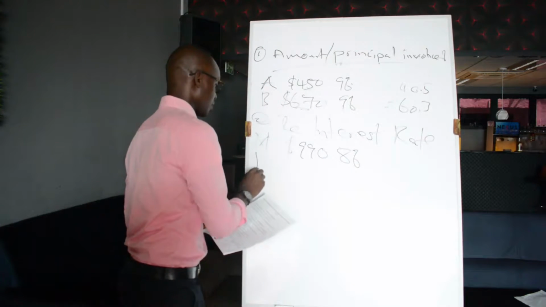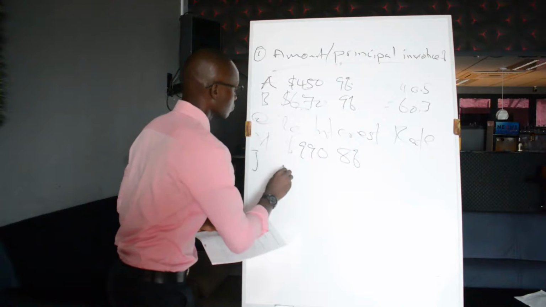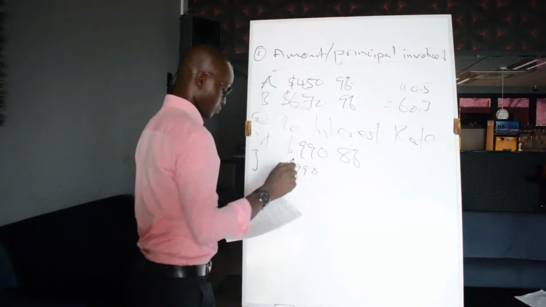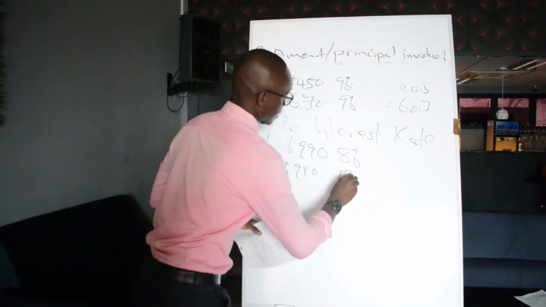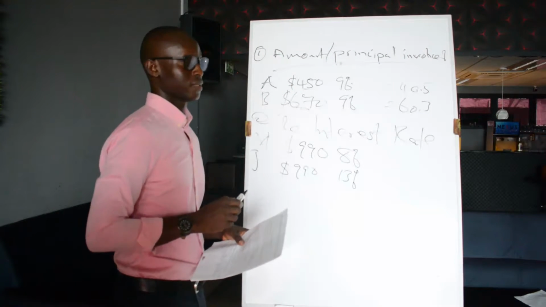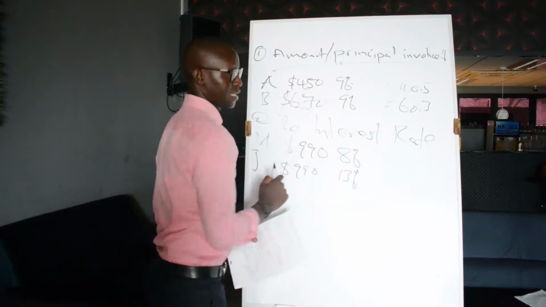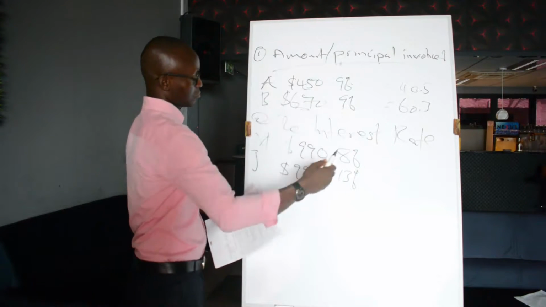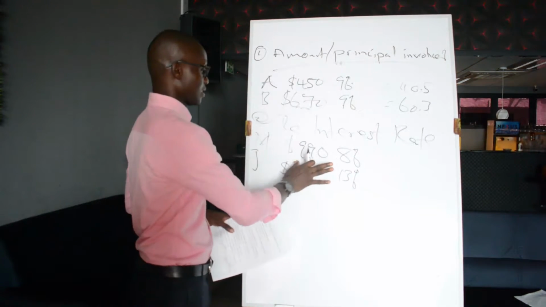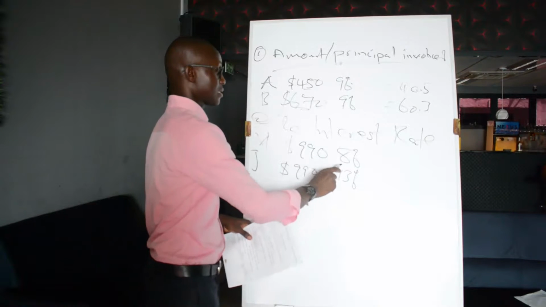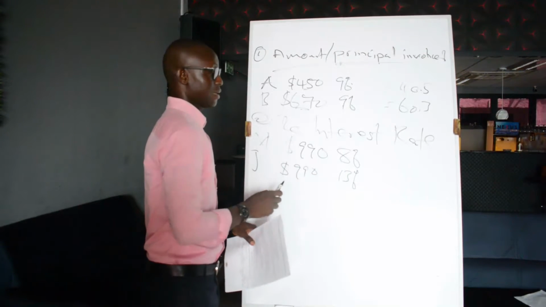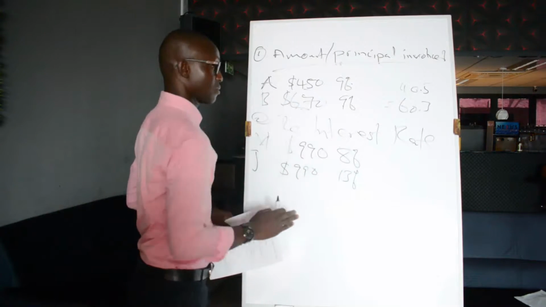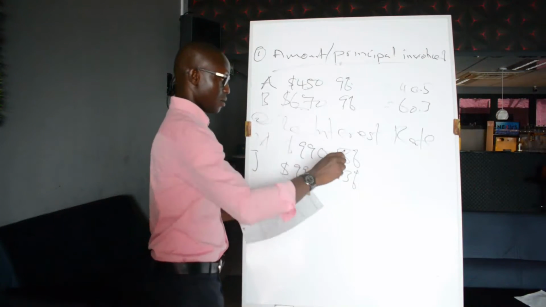Okay, and then Jeremy also investing 990 at 13% interest rate. Let's also assume that all conditions are the same. Their maturity period and their compounding and whatever, everything is the same. The only difference here is that one is having an interest rate of 8% and the other is having an interest rate of 13%.